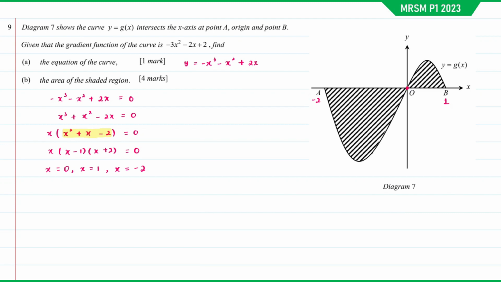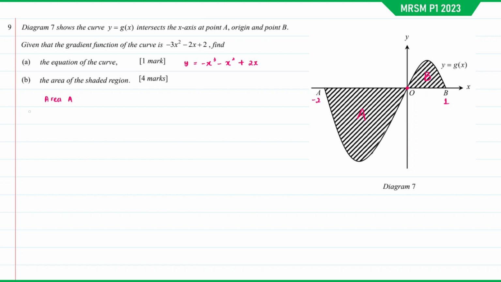To find the area, we're going to integrate separately, as one of the shaded regions is below the x-axis and the other one is above the x-axis. Let's say I label this as part A and this as part B. For area A, we integrate from 0 to negative 2 of negative x cubed minus x squared plus 2x with respect to x.